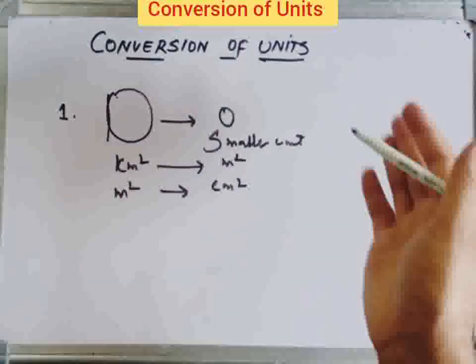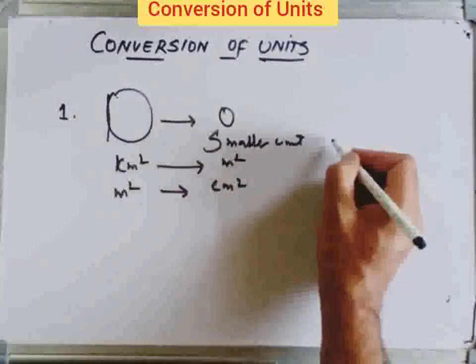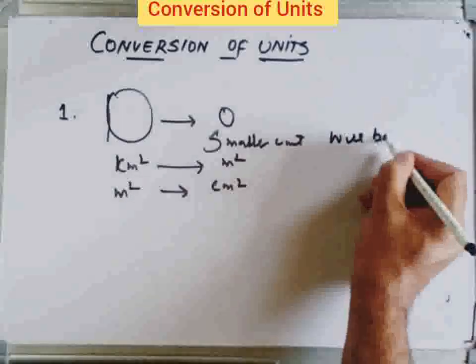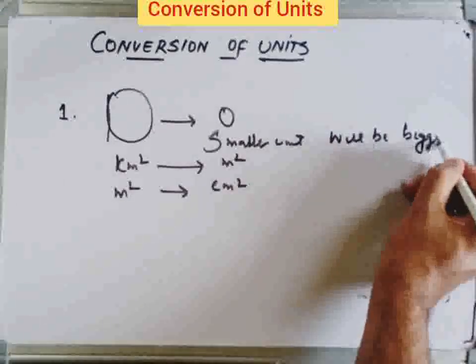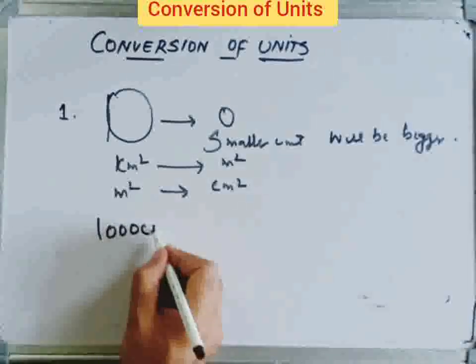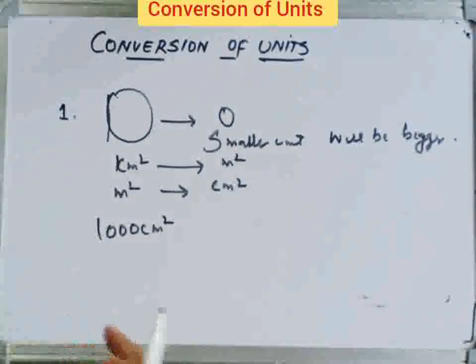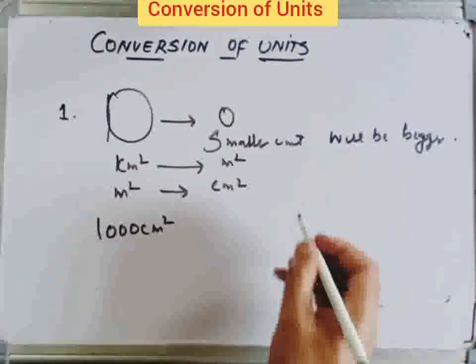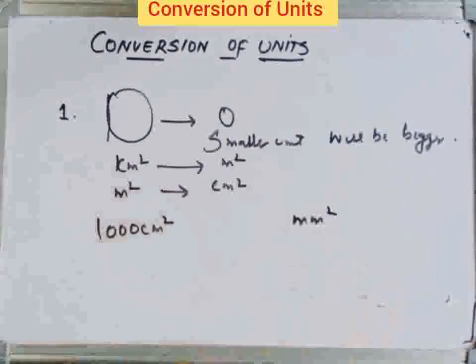The resulting number of units will be bigger. For example, we have to convert 1000 centimeter squares into millimeter squares.